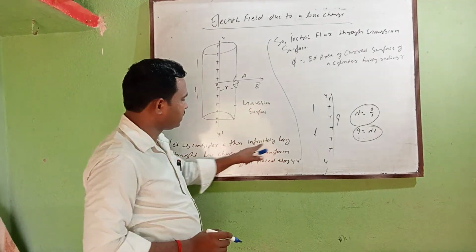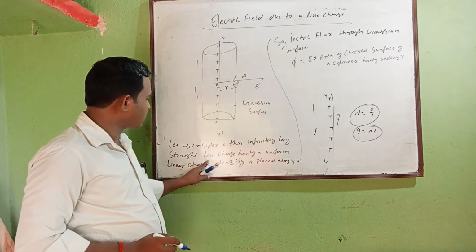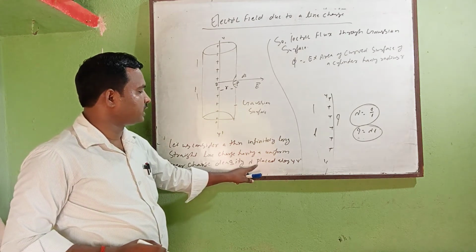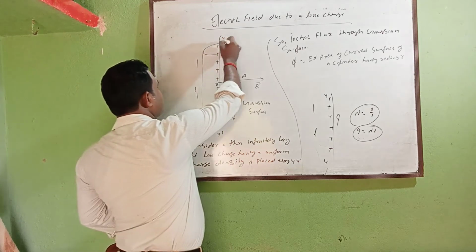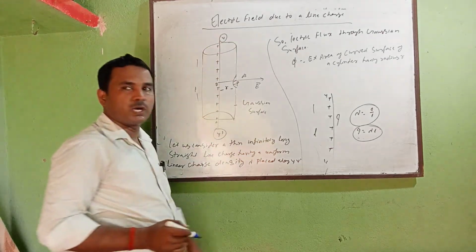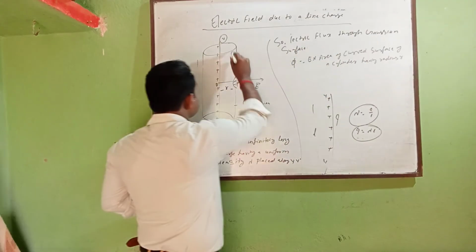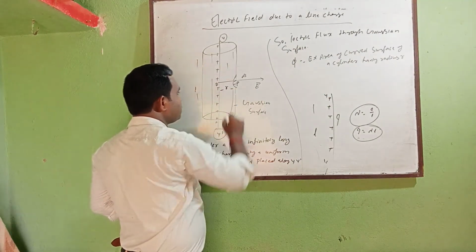Let us consider a thin infinitely long straight line charge having a uniform linear charge density lambda placed along this y and y dash. Electric flux through this Gaussian surface. This is the Gaussian surface.